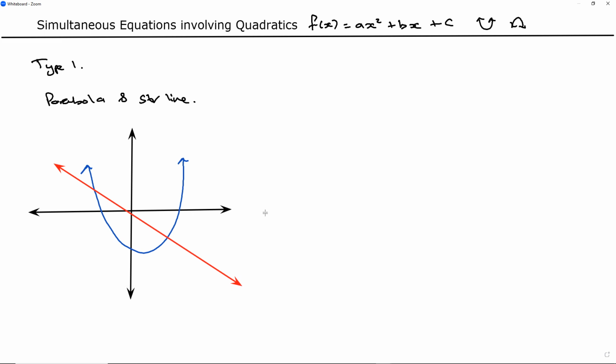We have that option, and in this case, you can see we end up with two solutions over here. So we'll end up with xy and xy, and we'll have two solutions for x and y. So that's four values, two x values, two y values. So this will have two solutions.